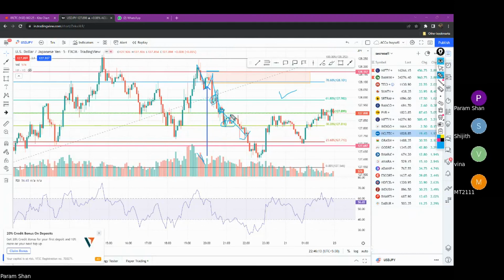Luckily, this can happen only if it is trending in a particular zone. We already identified the support and resistance. By looking at many days, we are able to see the market is going sideways. When it is going sideways, then definitely when it reaches the resistance, it has to fall down.